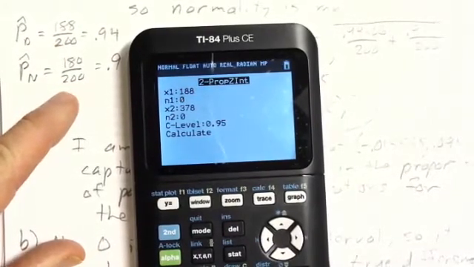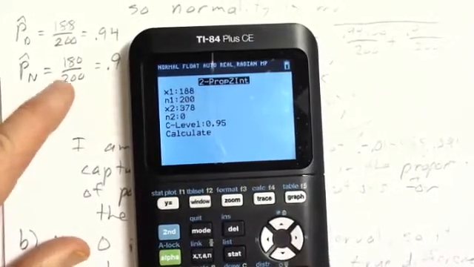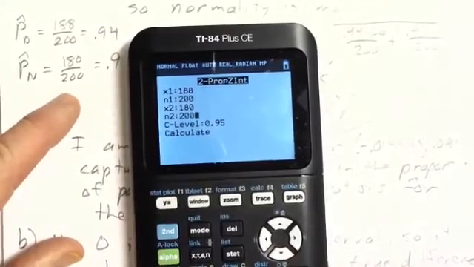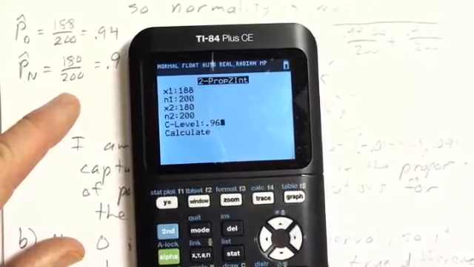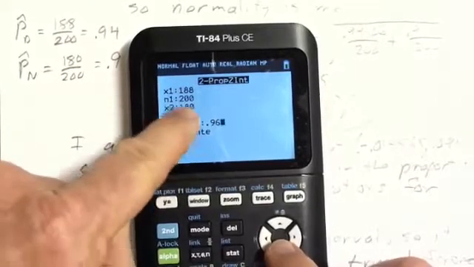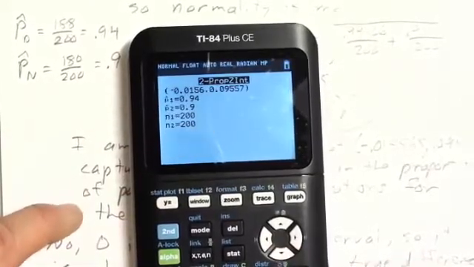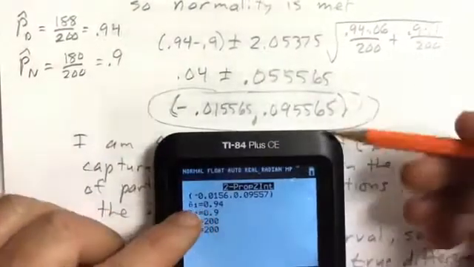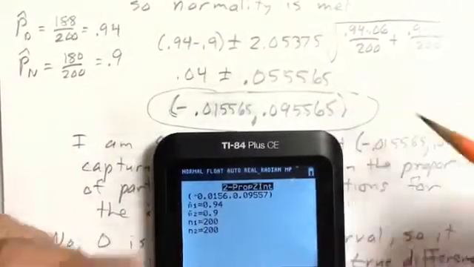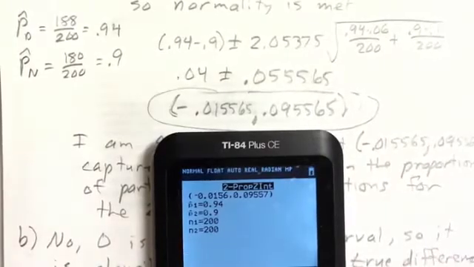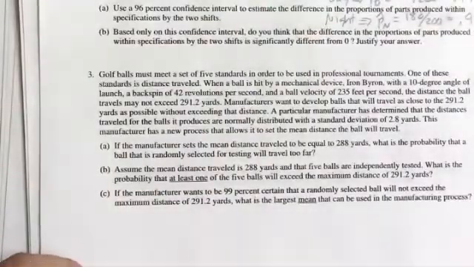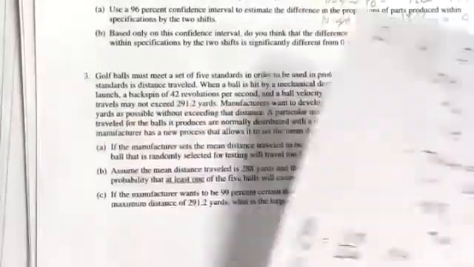Is that right? 188 out of 200, and then we have 180 out of 200 like that, and 96% like that. Make sure those are integers, by the way. And so there's our interval. So there you go. So anyway, hopefully I entered those right, didn't I? So yes, I did. Okay, good.